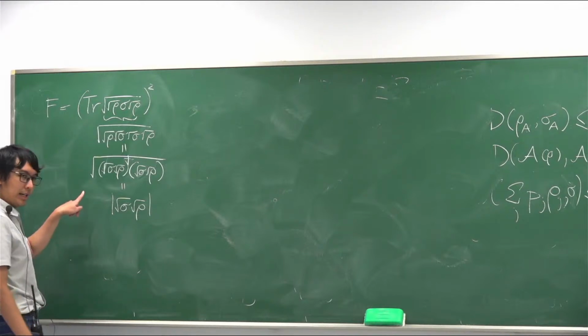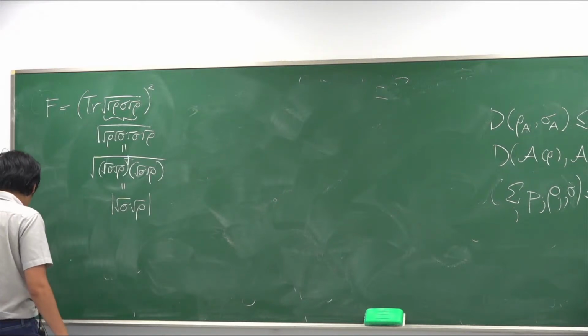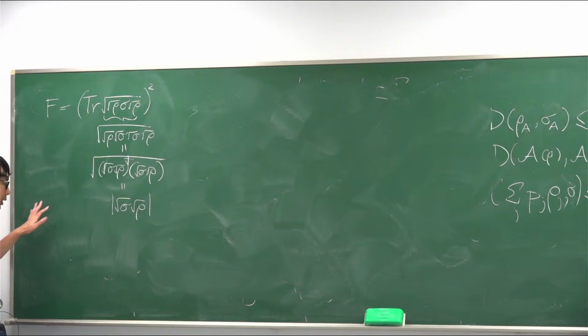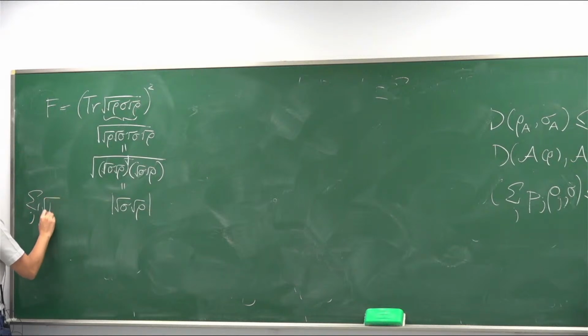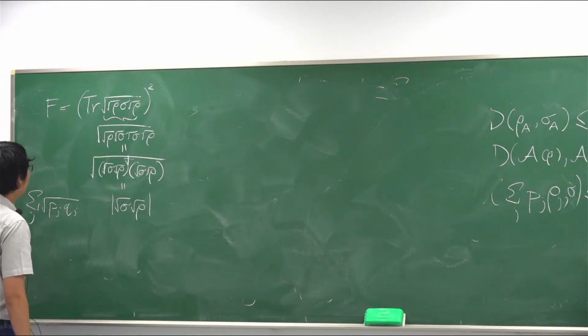So maybe we can start to see something. This is why this is a generalization of this strange classical distance between two probability distributions.